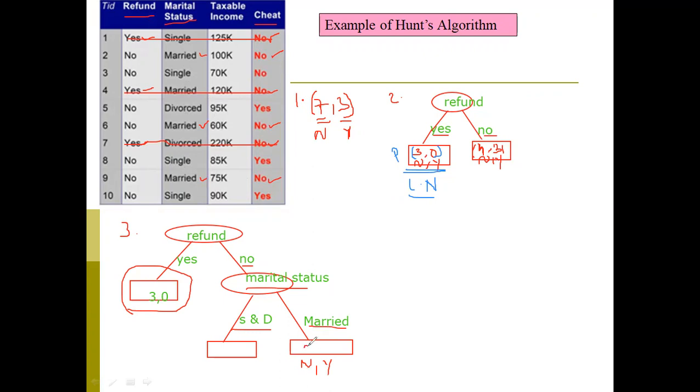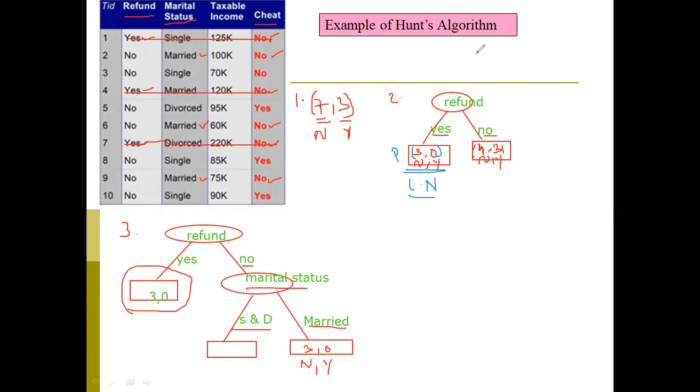So 3 no's are there, then comma 0 yes. This is the married representation. Here we got 3, 0.